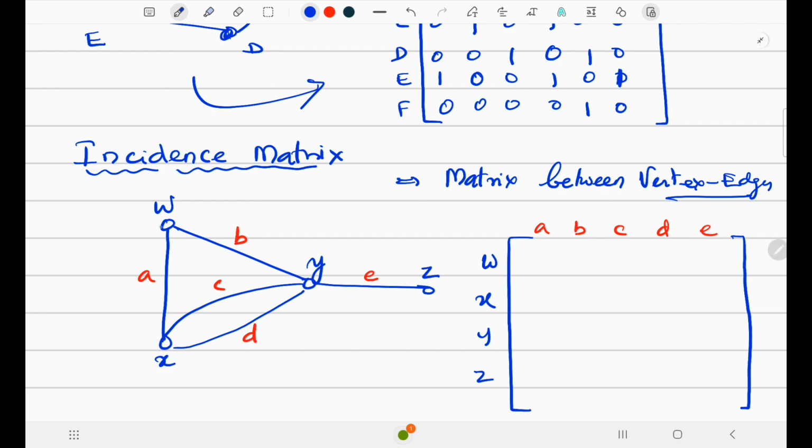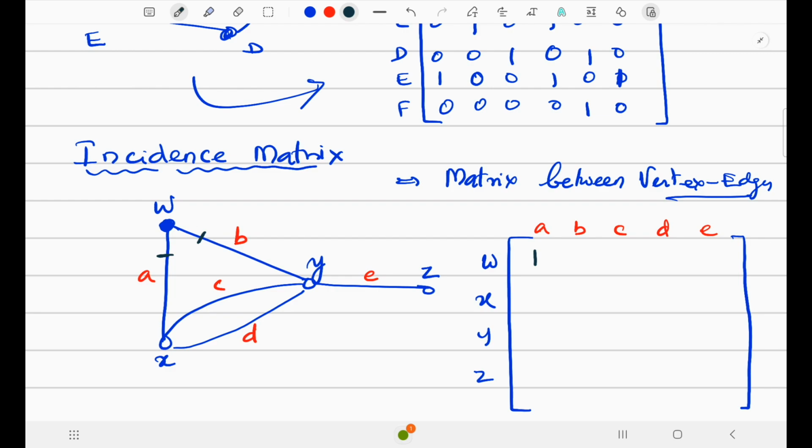For example, take W. In W, how many incident edges do we have? I'm marking a different color: A is one incident and B is another incident. That means A is the incident of W, so make it 1.